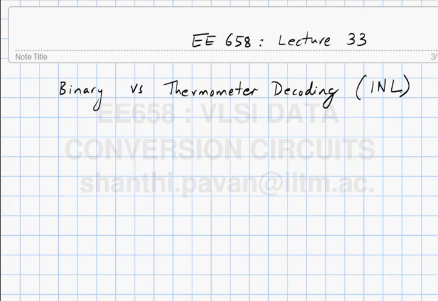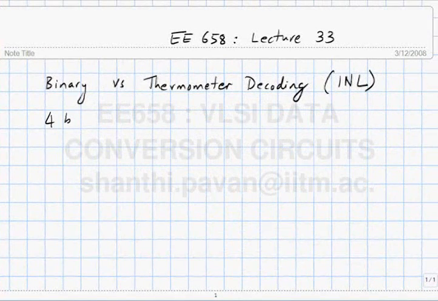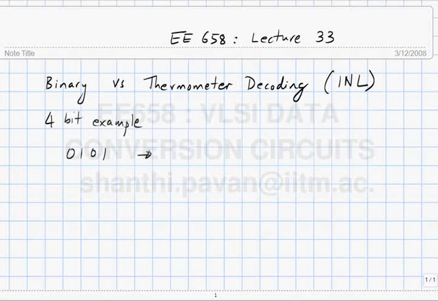Let's take again the 4-bit example. Let me take, say, some code, say 0101. What does this correspond to? 5I, right? But in reality it is I0 plus I2, correct?